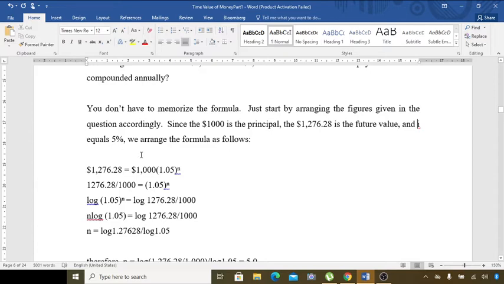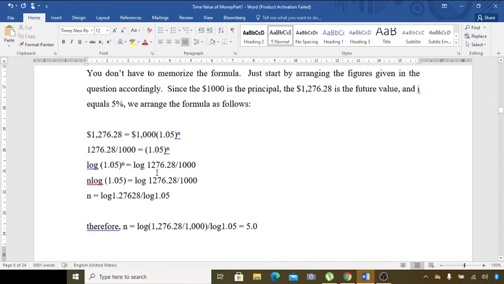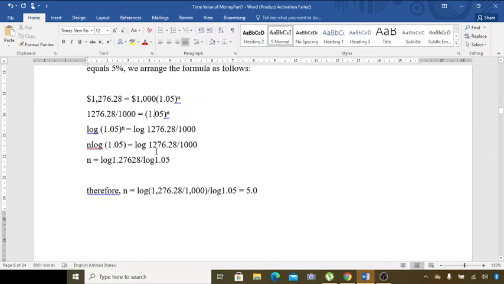You start off with future value 1,276.28 equals the present value of 1,000 times 1.05 to the power of n. Then you rearrange: 1,000 shifts to the left-hand side, so 1.05 to the power of n is isolated as one term. Then you use what I have shown you earlier: log both sides.